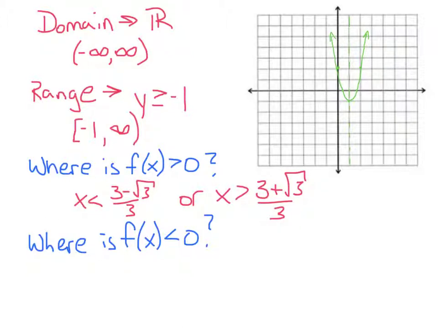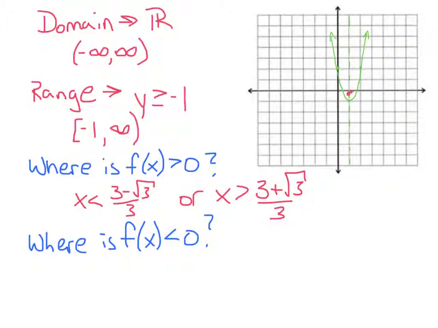Now we're going to look at what x values the function is negative. So which x values that we plug in return a negative y value? Negative y values are found in the fourth and third quadrants. If you notice, anywhere in between here, we're down in the fourth quadrant. So any x value in between these zeros will return a negative y value.